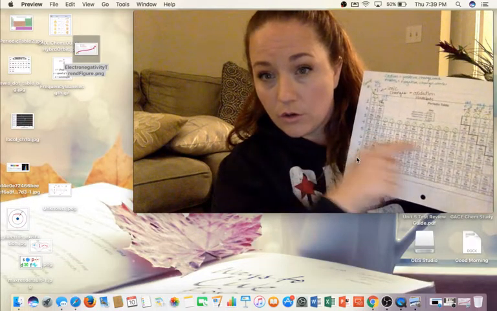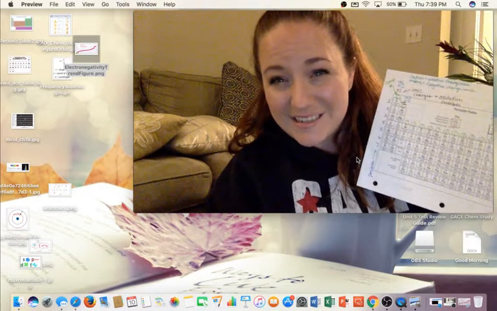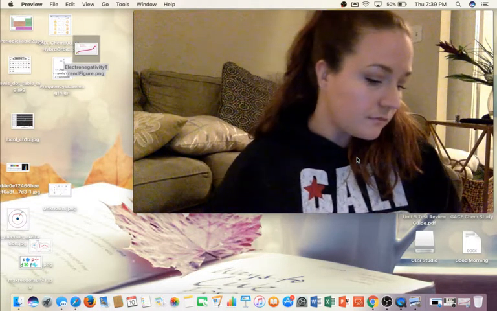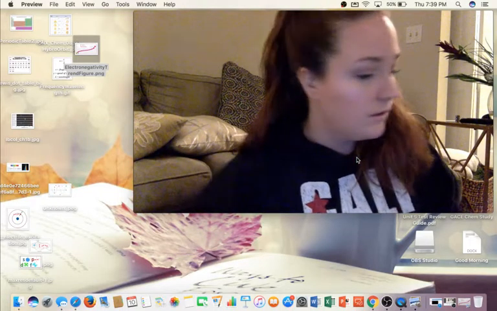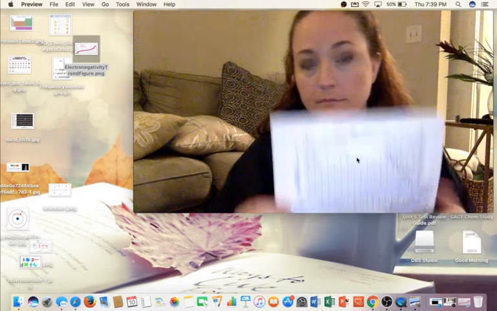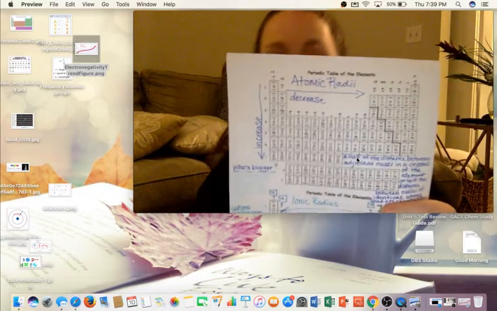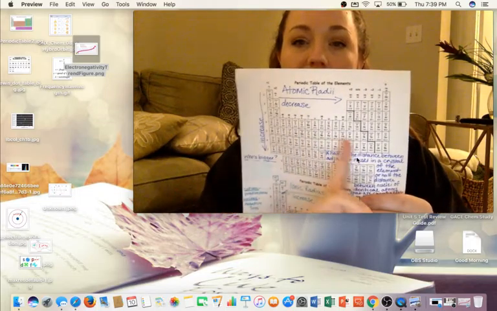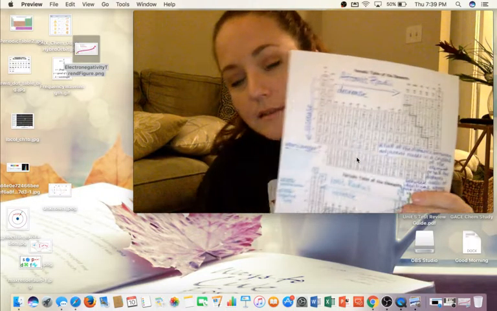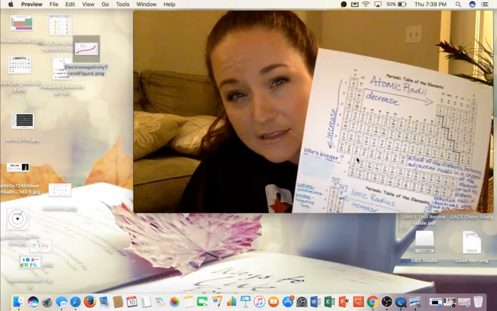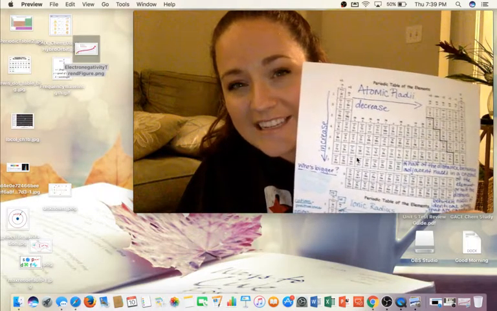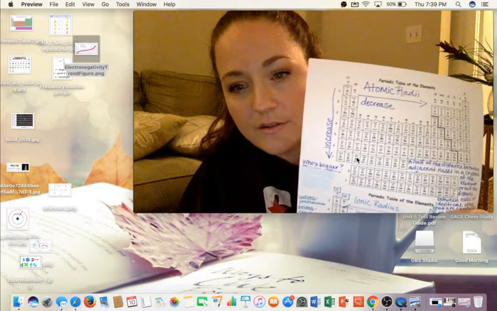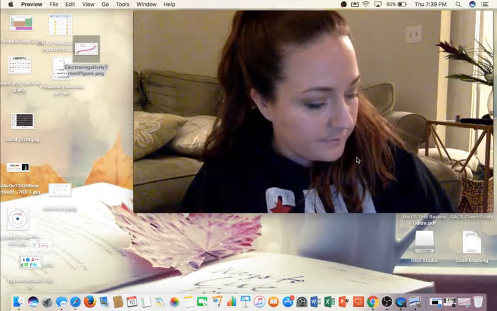Then as you go across your periods, it increases. So try to keep that in mind. Then for your atomic radii, it increases going down and it decreases as it goes across. So it is the opposite of your ionization energy and your electronegativity. So please keep that in mind.